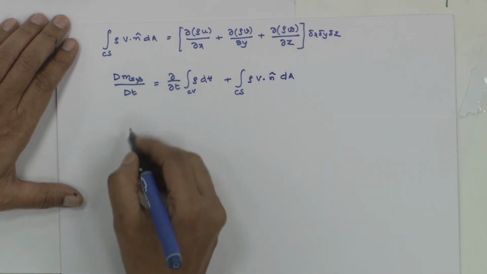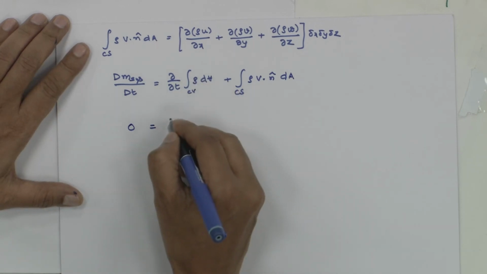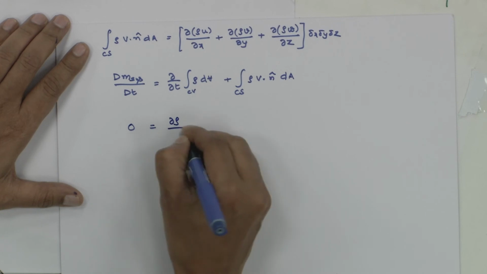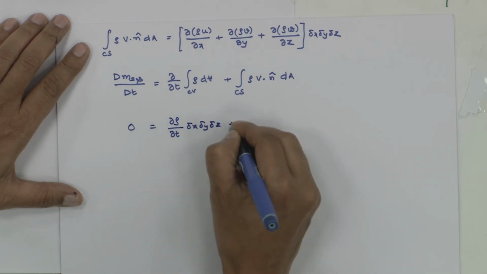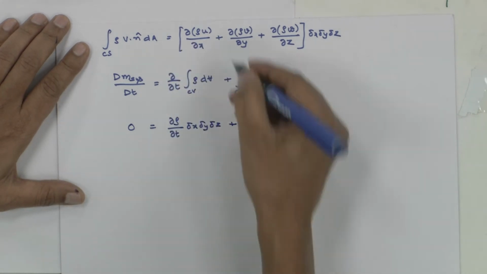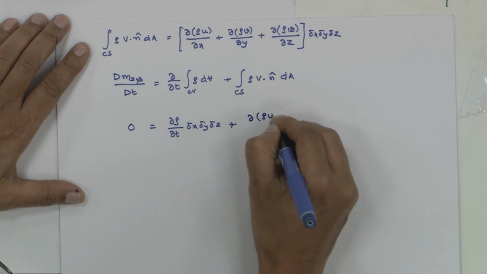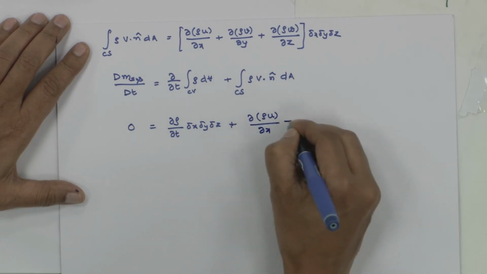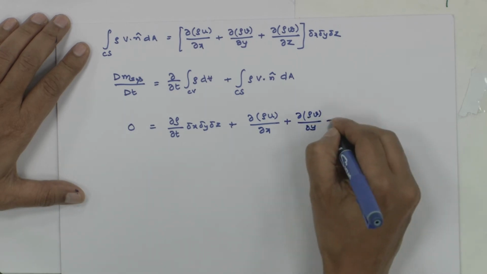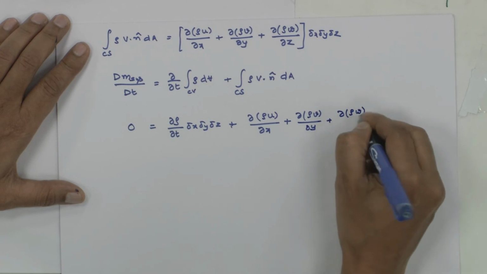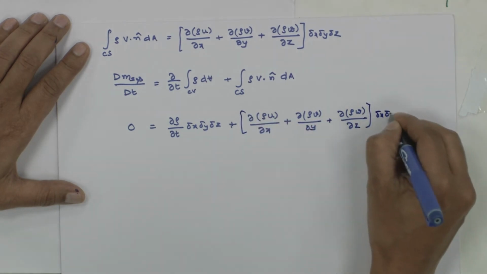So dm system by dt is 0, we have just found, and we wrote the first term on the right hand side as del rho by del t delta x delta y delta z, plus this rho v dot n dA term, which is just on the top: del of rho u by del x plus del of rho v by del y plus del of rho w by del z, times delta x delta y delta z.